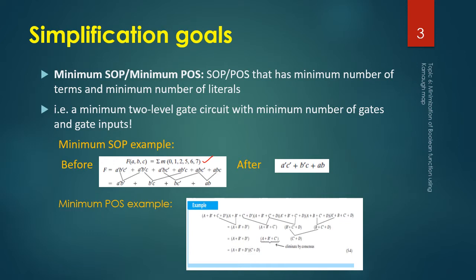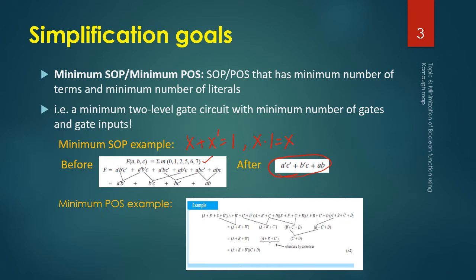The most important laws we will use for simplification are x or x prime equals 1, if you remember this, and also x and 1 equals x. So using these two laws, basically we can do some simplification like this one. The simplified circuit is like this. Similar thing for POS, we can do simplification like this.